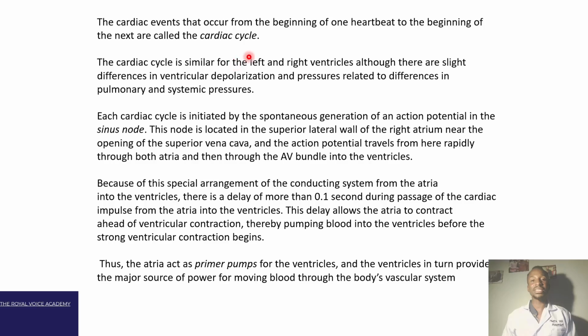Now, the cardiac events that occur from the beginning of one heartbeat to the beginning of the next are called the cardiac cycle. Remember, your heart beats between 60 to 100 times in 1 minute, depending on the physiological mechanisms. We will later on look at those people whose heart beats less than 50 times.